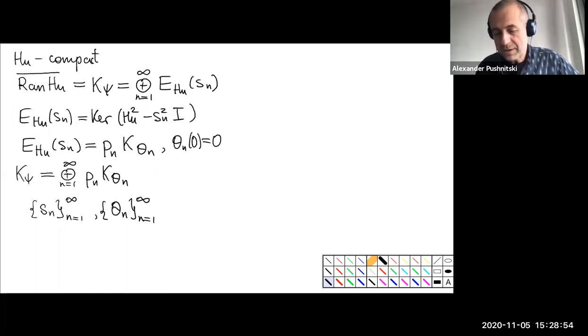So here is a very nice analogy. Note that in Borg's theorem for inverse problems for a Sturm-Liouville operator on the interval (0,1), how do you recover the potential? You need to know two sequences of eigenvalues for two sets of boundary data, right?